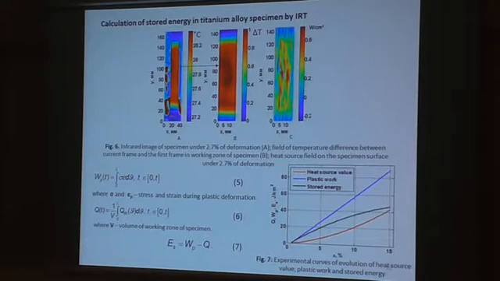So, based on this idea, we can easily calculate the dissipated energy and, taking into account the stress-strain curve, the stored energy in our samples during quasi-static tests. And now it can be done very easily. We can take the stress-strain curve. We can estimate the heat dissipation based on this additional setup or based on infrared thermography.